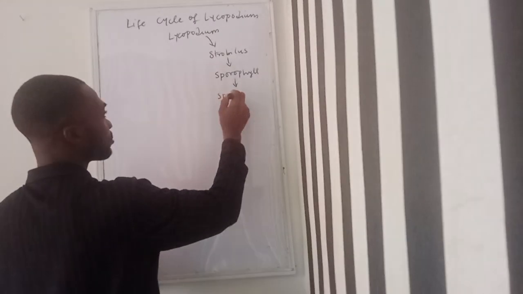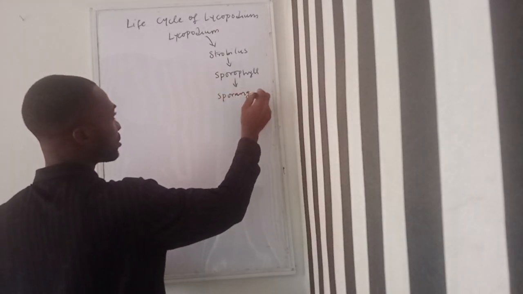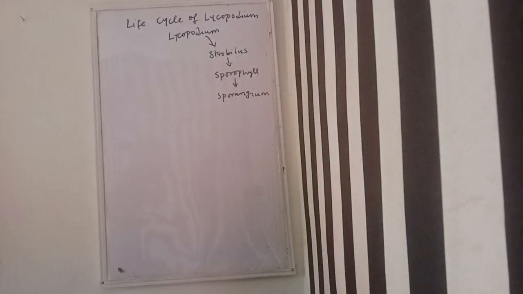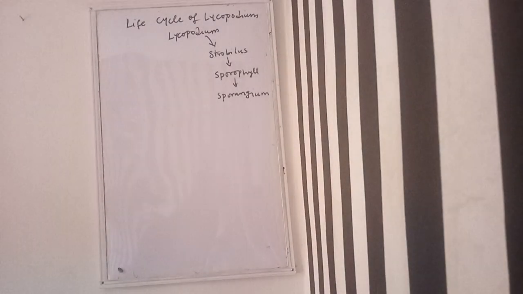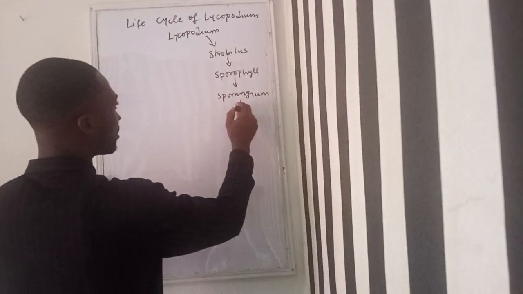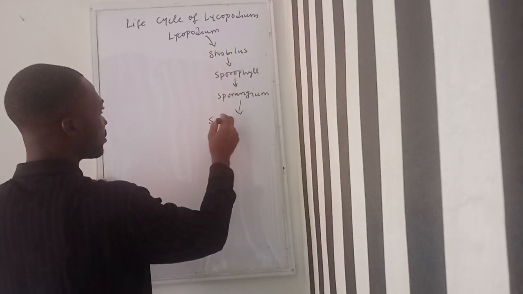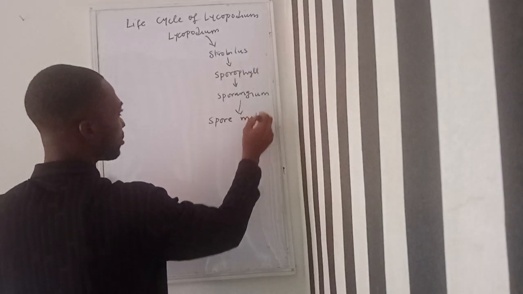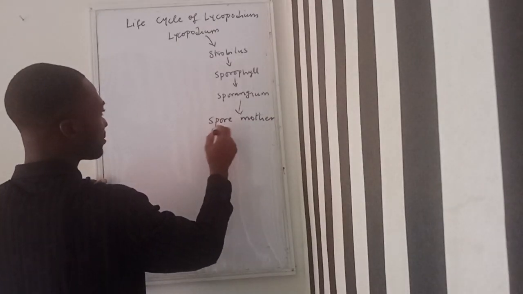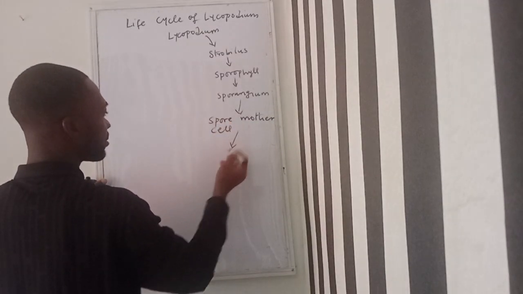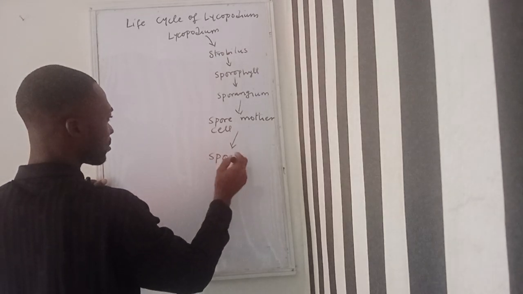You now have sporangium. I hope you can see this. Yeah, sporangium. Then the sporangium has spore mother cell. Then the spore mother cell produces a spore.